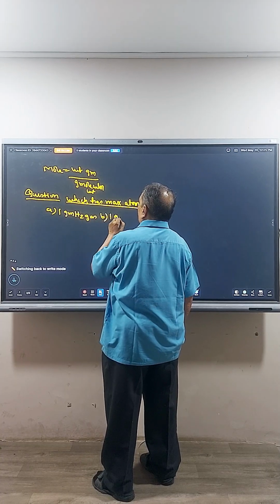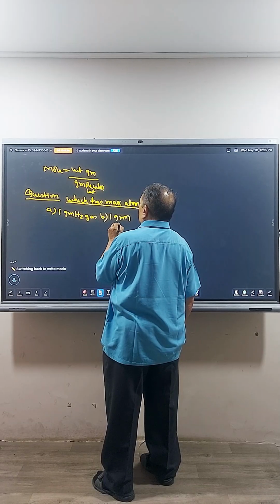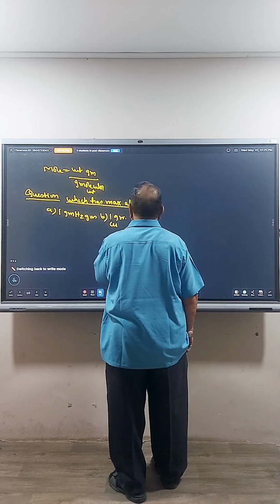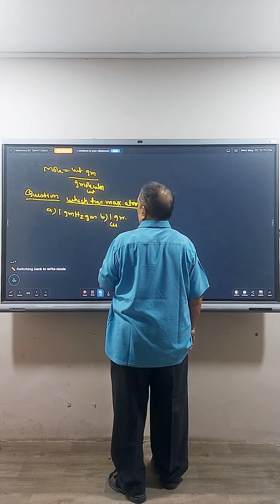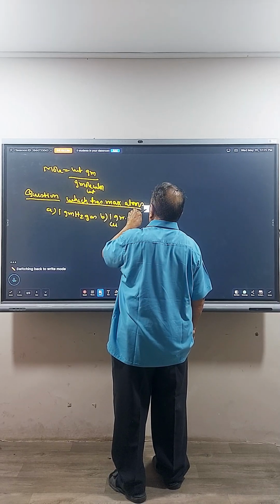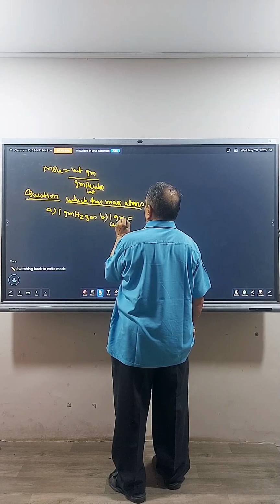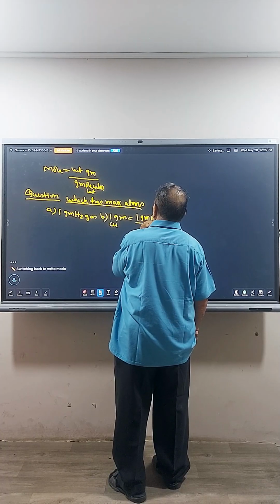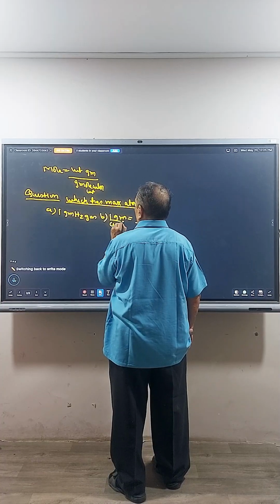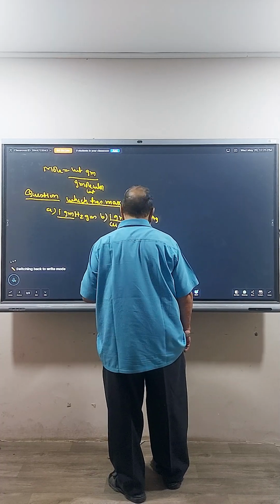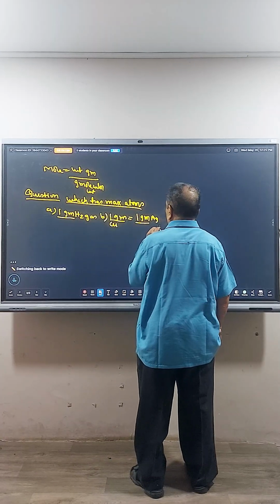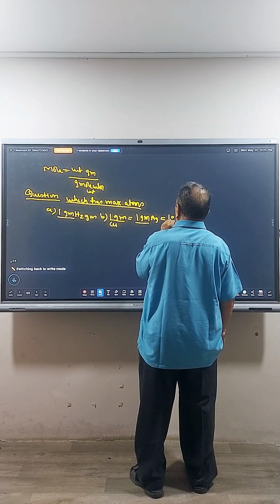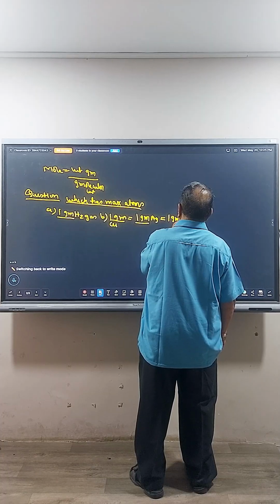B, 1 gram copper. C, 1 gram silver, I'm underlining this particular point. And the last one was 1 gram mercury.